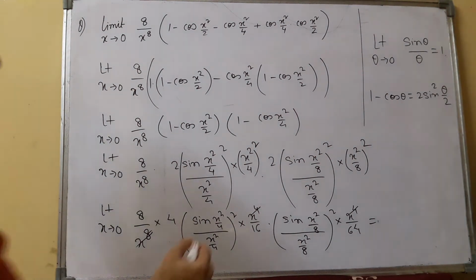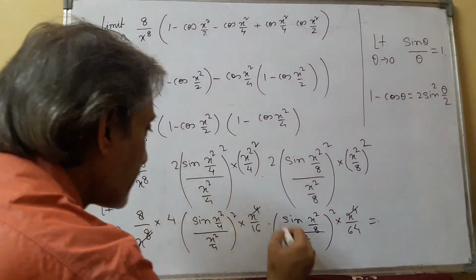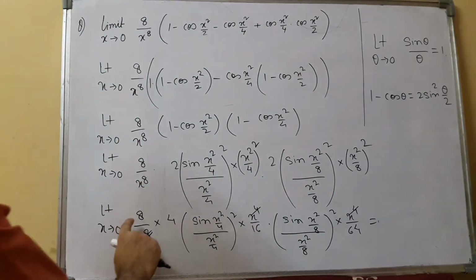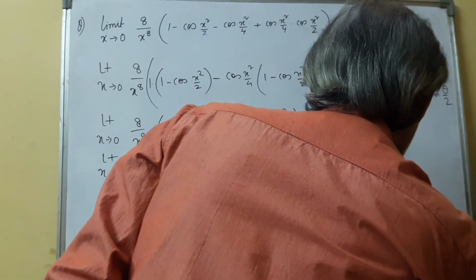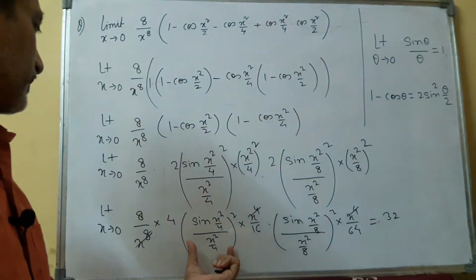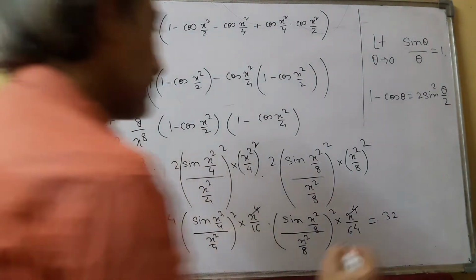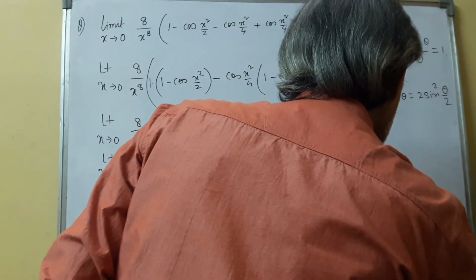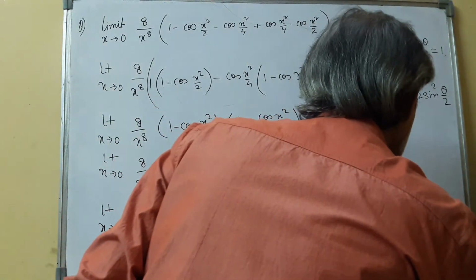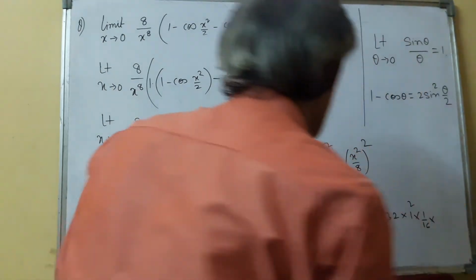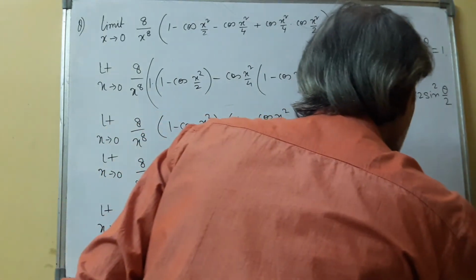Now we are left with this thing equals to 1, this thing equals to 1. So we are left with 8 4s are 32. This is 1 into 1 square into, here it is 1 by 16, into this is again 1 square.